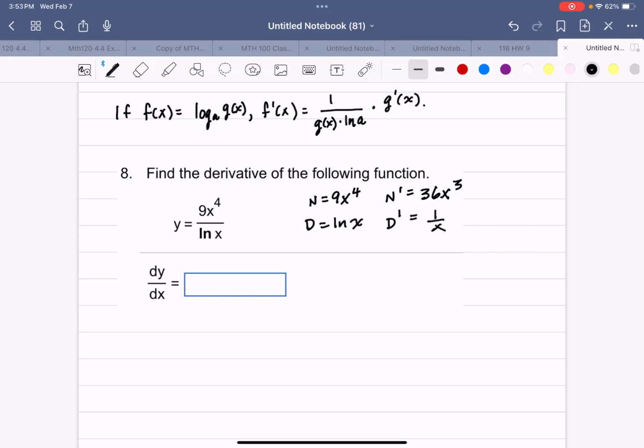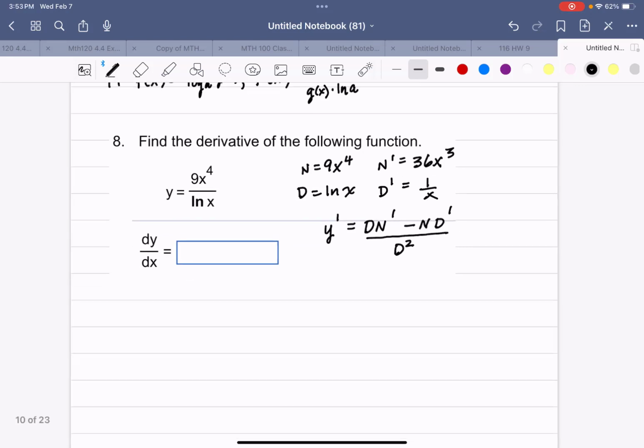When I have a quotient, my formula is denominator, derivative of the numerator, minus numerator, derivative of the denominator, over the denominator squared.